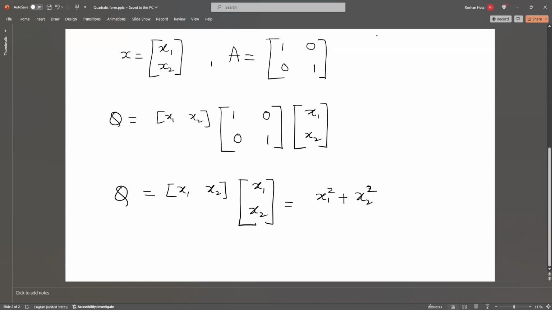This is Q. So for a particular choice of A, this is the expression that I have got.